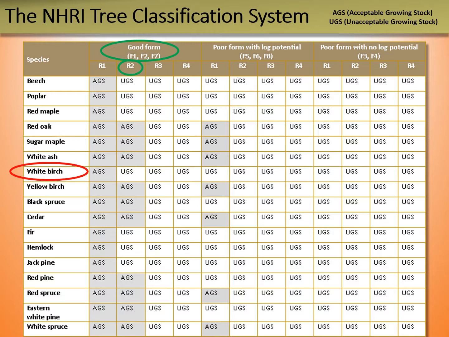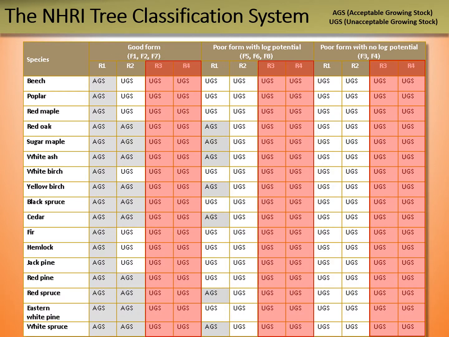But a white birch, a less desirable species of the same form and risk of losing vigor, will be an OGS. Additionally, everything that is R3 and R4 is OGS, unacceptable growing stock.